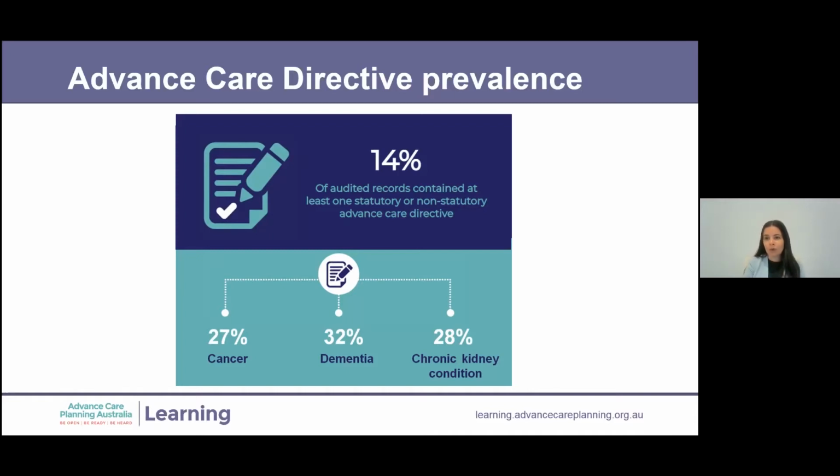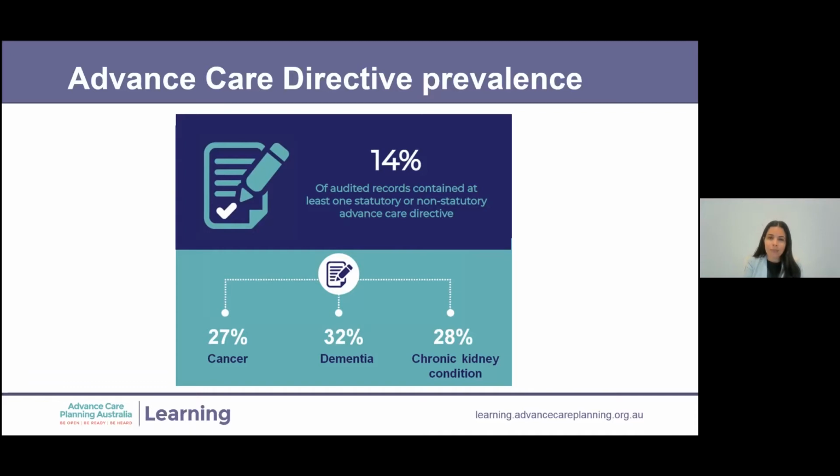And if we looked at this on a population level, it would be even lower if we considered those under 65 as well. So overall, the low prevalence really indicates that advance care planning is not part of routine care, and that the organisational systems are not in place to support it, for older people but also for the general population.